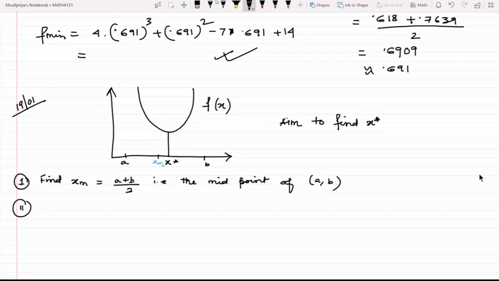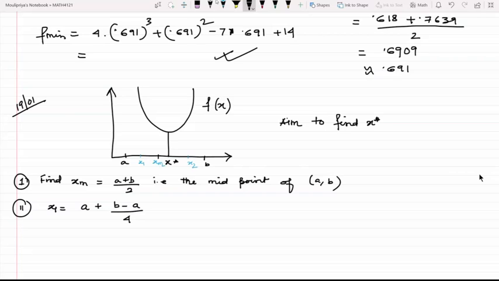Then we would be finding two more points, x1 and x2. Suppose this is my x1 and this is my x2, where x1 is just the midpoint of A and xm, and x2 is also the midpoint of xm and B. So x1 will be given by A plus (B minus A) by 4.